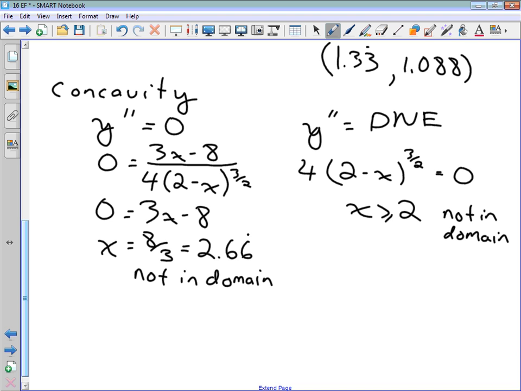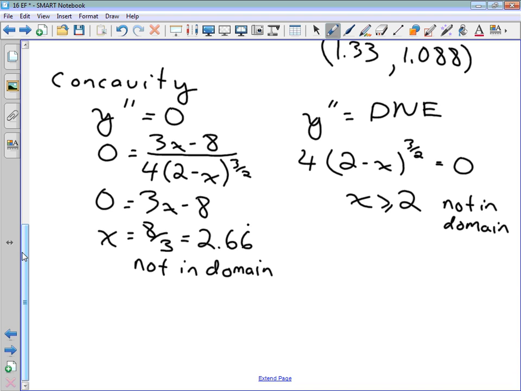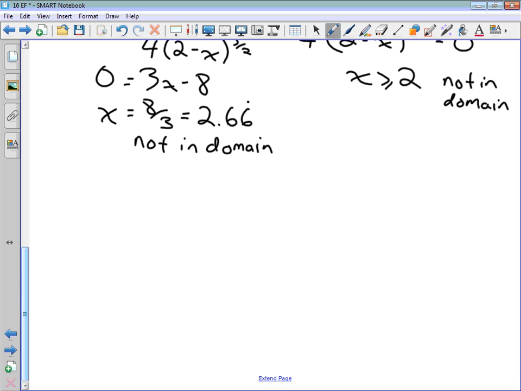Okay? That's not really a mathematically sound argument. If it's on the test, this is what I would get you to do: just say that it's not in the domain. What we want to do is set up the concavity table, so we're looking for these critical points.